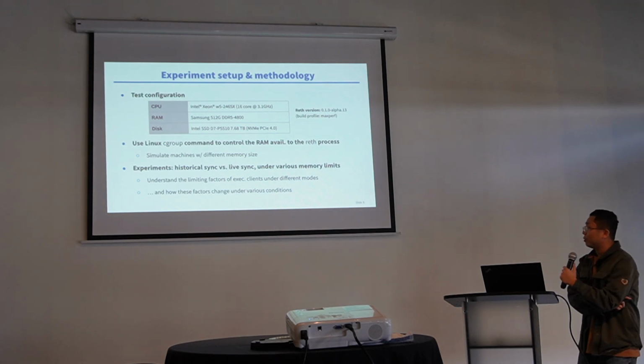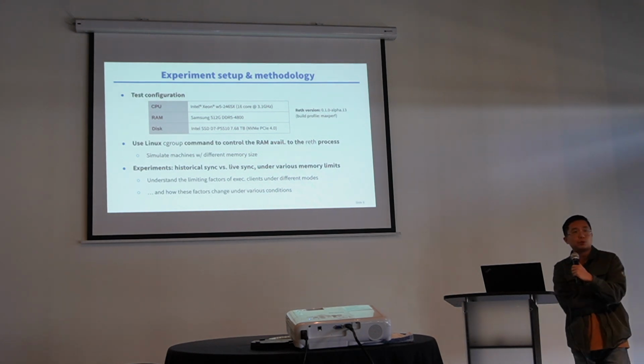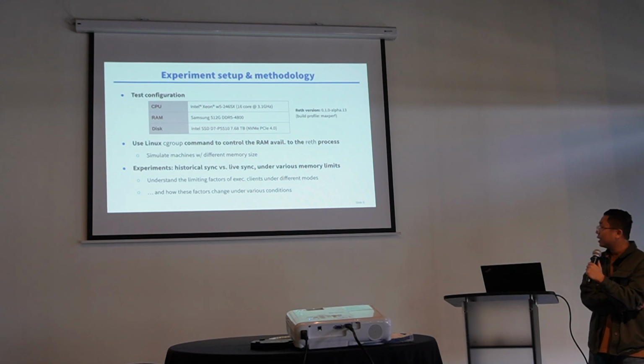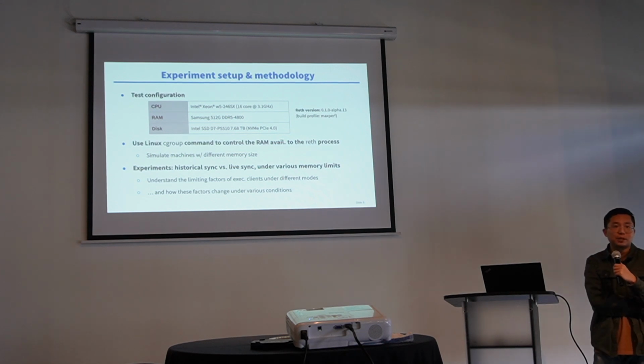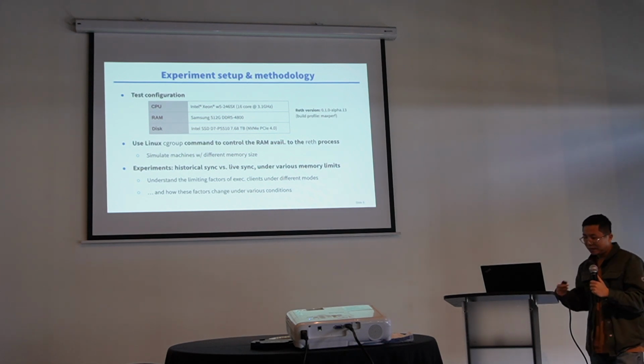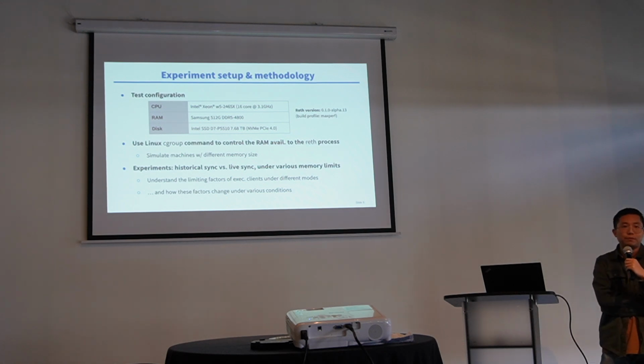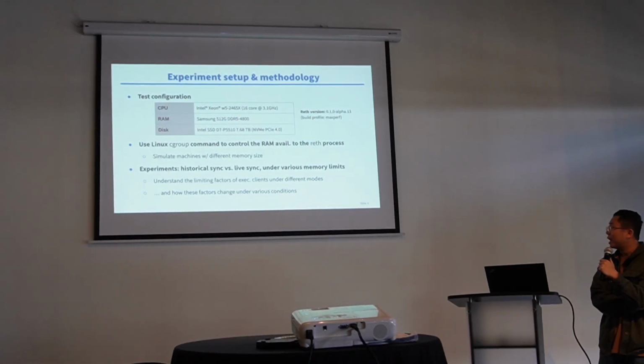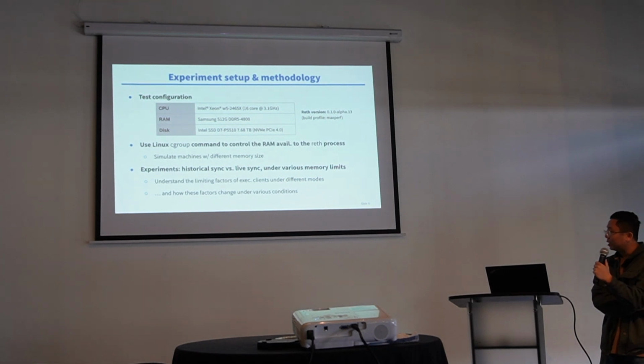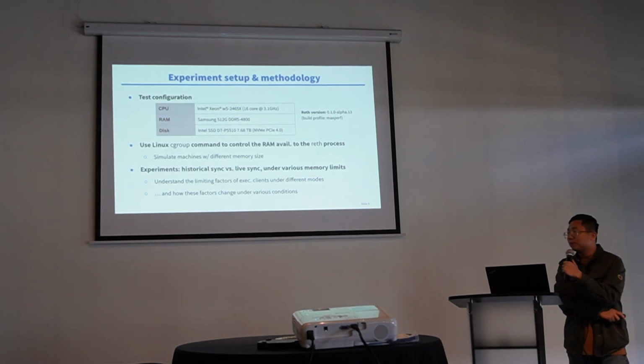We run a lot of experiments. We run both historical sync and live sync, under different memory limits. The idea is that this allows us to study the limiting factors of different modes and how they change under different conditions.